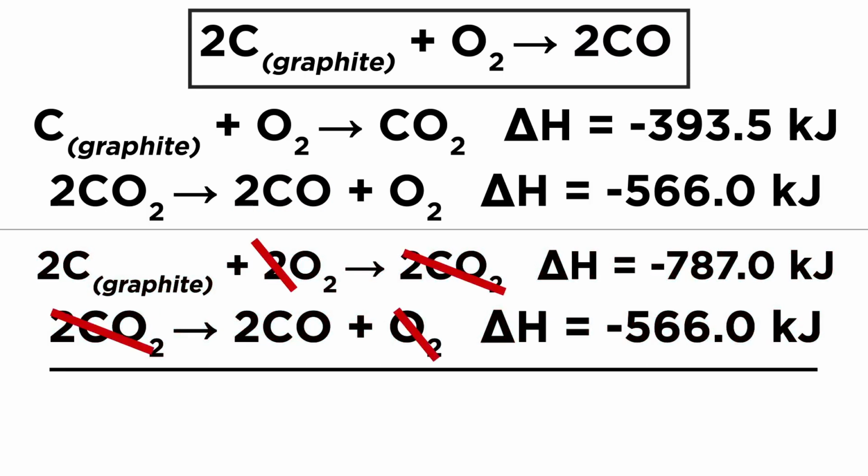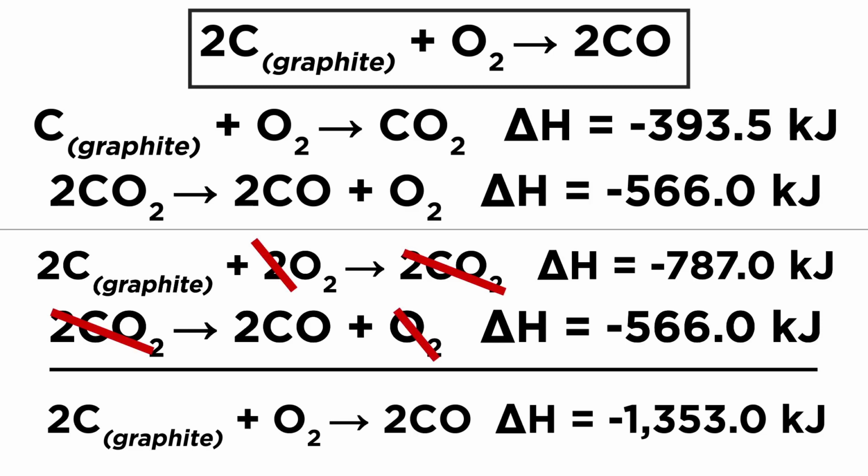The O2 and CO2 will cancel because they are present in the same amounts on both sides, and we are left with the substances in our original equation. Since we added the equations, we also add the delta H's to get the delta H for our equation. This kind of manipulation is allowed by Hess's law.